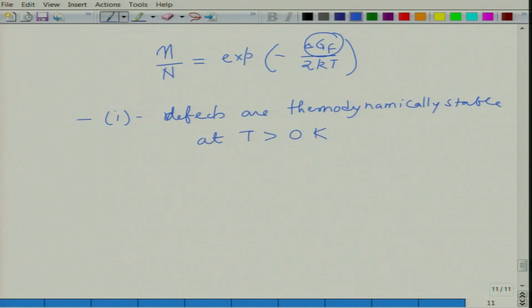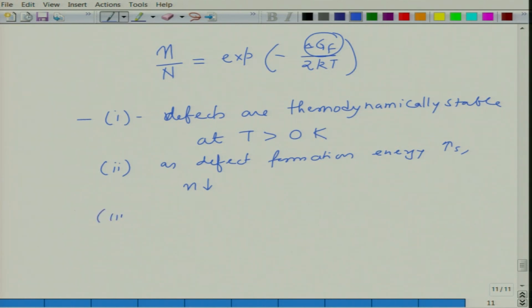As long as temperature is more than 0 Kelvin, they are stable. Two, as defect formation energy goes up, the small n will decrease, which means the more energy you require to form the defects, the lower the number is, which makes sense.